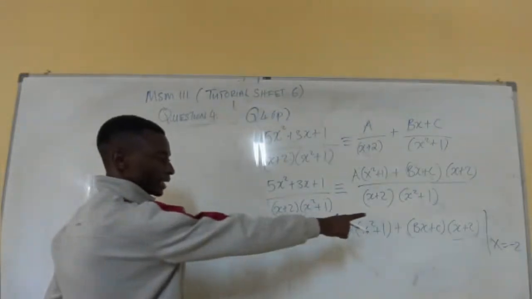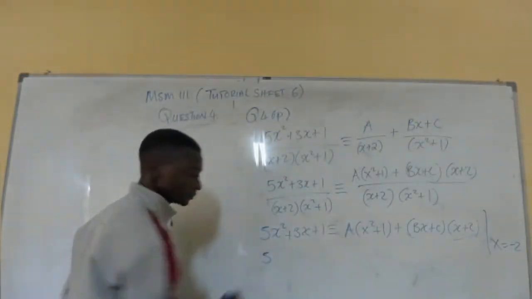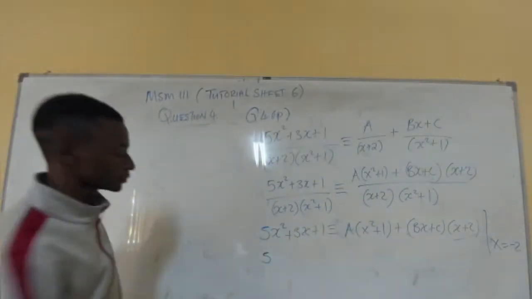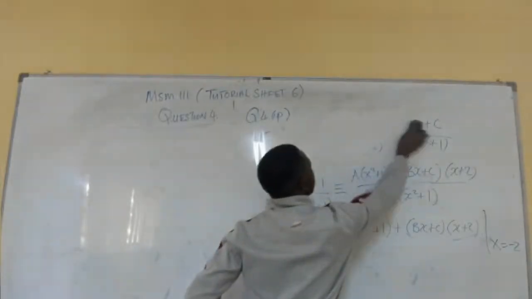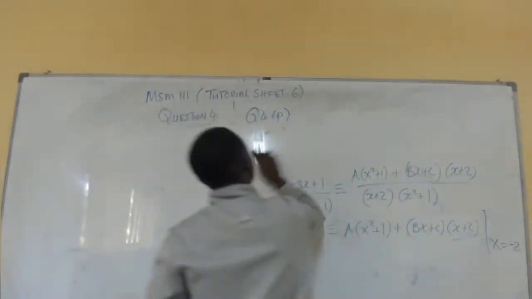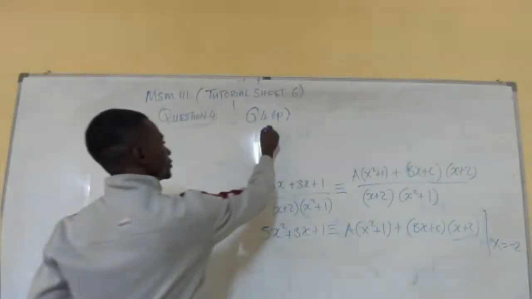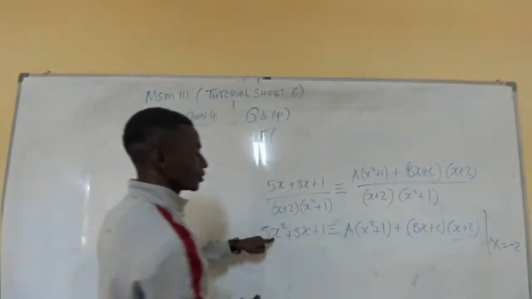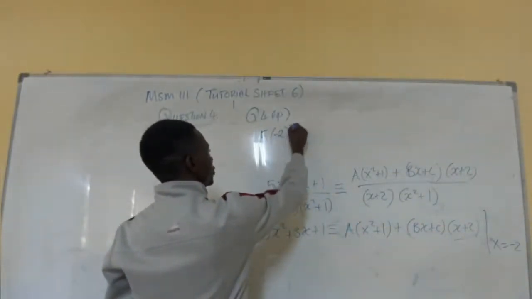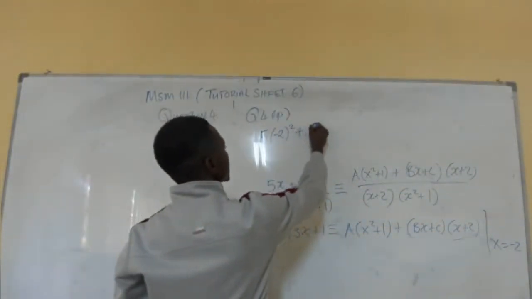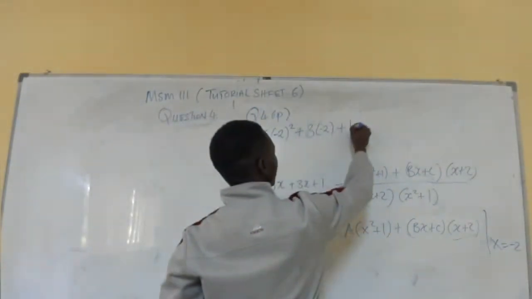So now let's do this. We are saying at x equal to negative 2, you say 5a. What is x? We are saying x is negative 2. You say squared plus 3 multiplied by negative 2 plus 1.